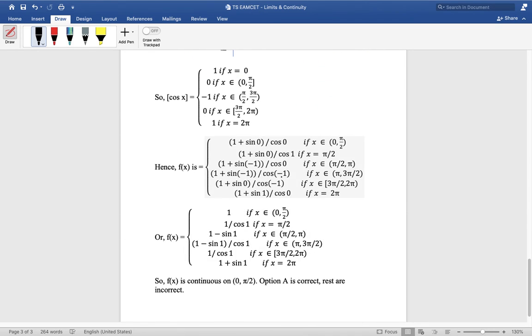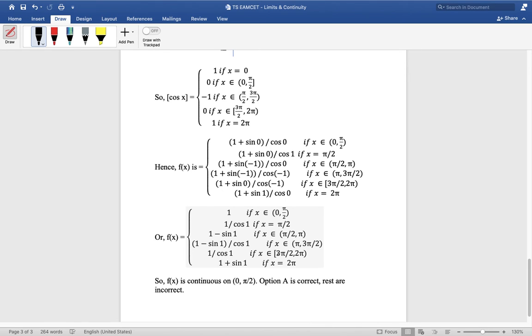So you have minus 1 in the denominator, because in the denominator of the function it's cos of greatest integer of sine x. So greatest integer of sine x is minus 1 between pi to 3 pi by 2. So you get cos of minus 1, which is cos 1, because cos is an even function. Cos of minus x equals to cos x. So you get cos x over here. So as you can see, the definition has changed when you go from pi by 2 to pi to 3 pi by 2.